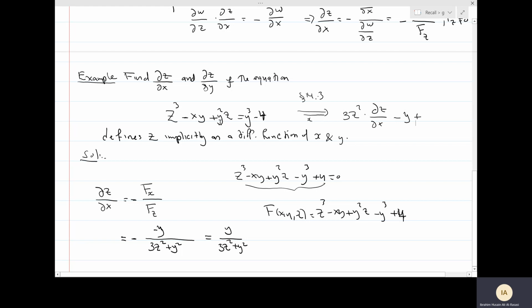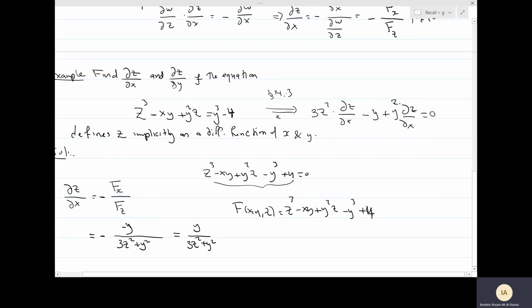Again, y squared is constant, this is y squared, derivative of z will be partial z partial x. Equals derivative of y cubed with respect to x is 0, derivative of 4 with respect to x is 0. So this is 0.